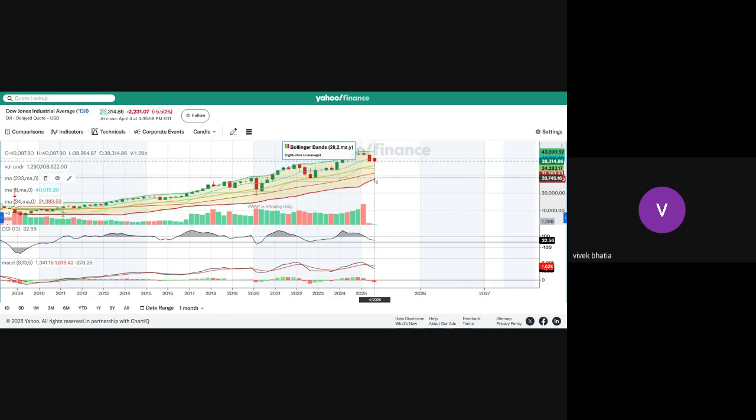Again, check your indicators, most of them turning bearish. Your lower Bollinger Band, which was climbing, is now becoming flattish, and the upper Bollinger Band has already turned flattish. Upper Bollinger Band turning flattish is a clear trend that the pressure to move the price down will now enhance further.